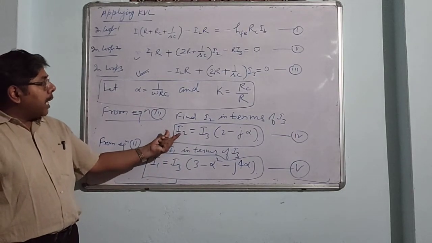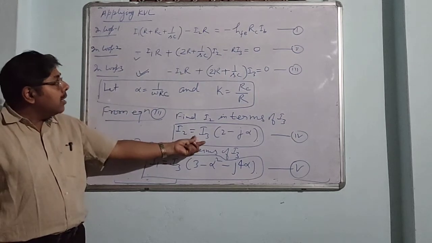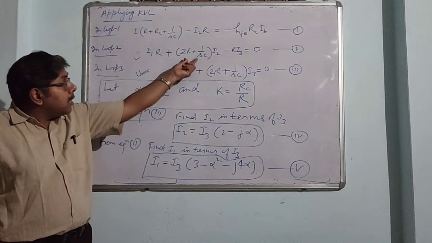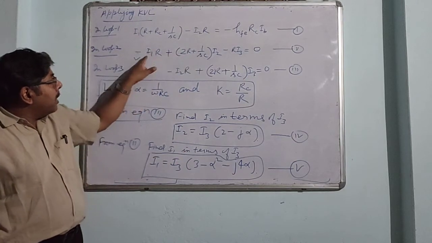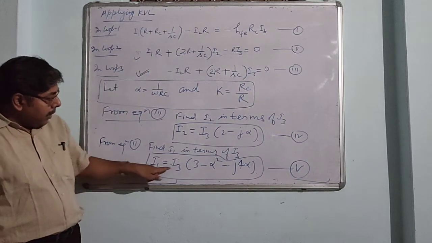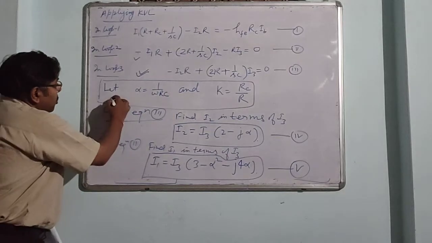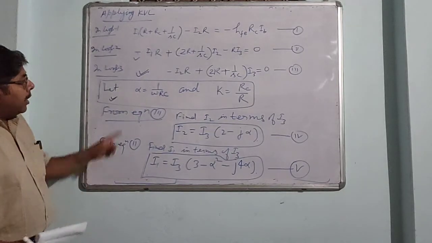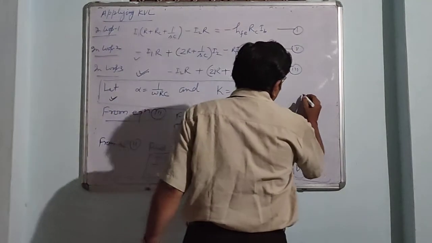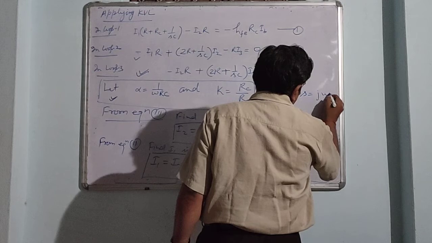We are simply calculating I2 from this in terms of I3, and after replacing this value of I2 in this equation, we can calculate I1 in terms of I3. So I1 in terms of I3 is this, and you have to use these values: alpha equals 1 upon omega RC, and obviously S equals j omega.